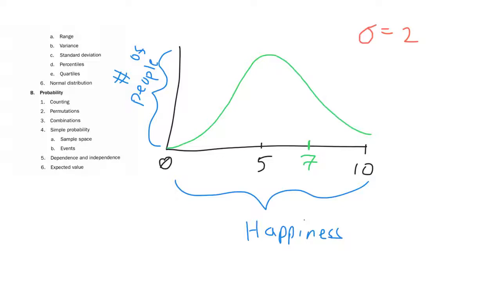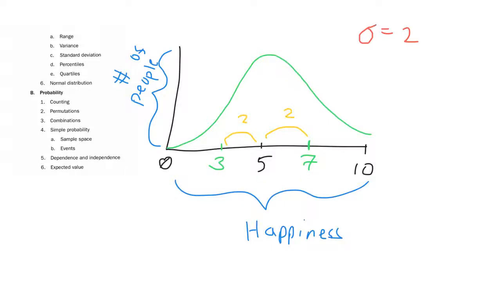Because that would be a standard deviation of 2, right? So 2 units in that direction would give you 7. So 1 standard deviation above the mean would be 7, and 1 standard deviation below the mean would be 3, right? So that is how that works.